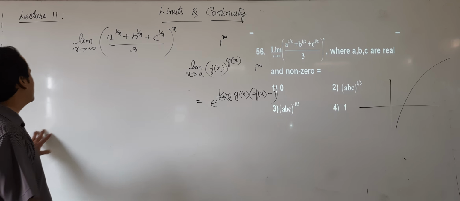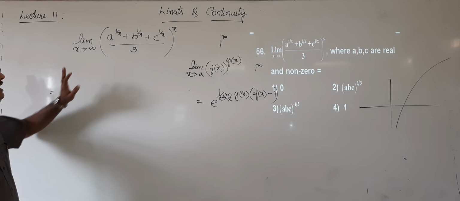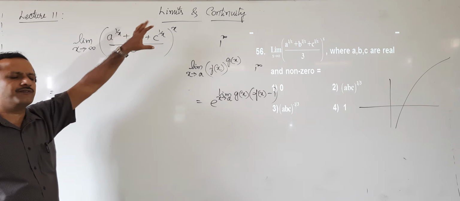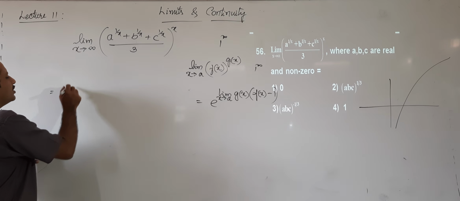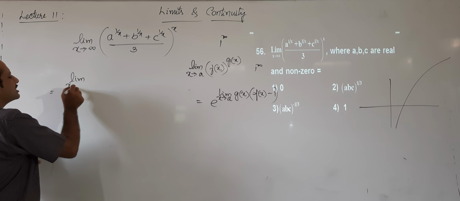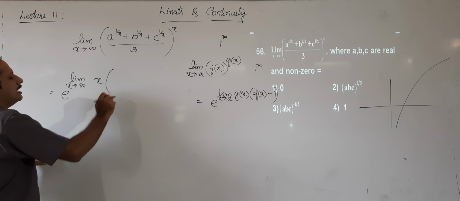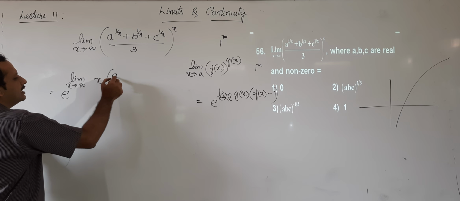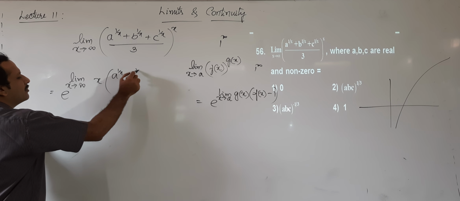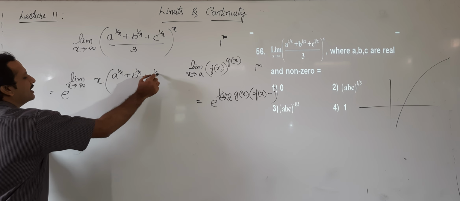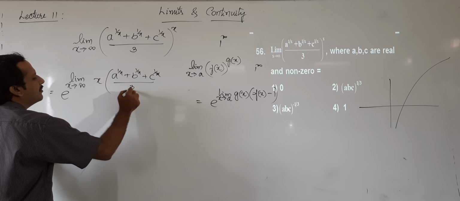Okay, I'll use that formula. Here f(x) is this expression and g(x) is x. This is equal to e to the power limit x tends to infinity of x into (a^(1/x) + b^(1/x) + c^(1/x))/3 minus 1.